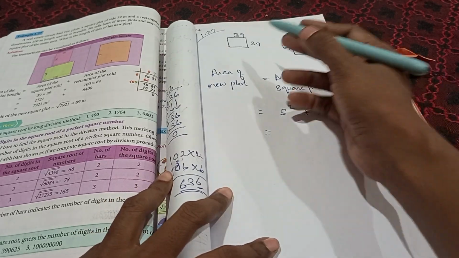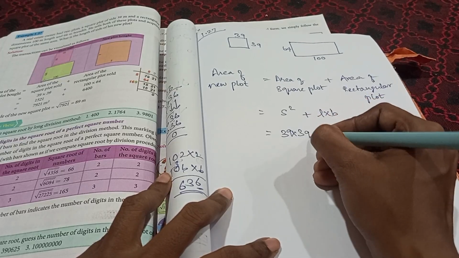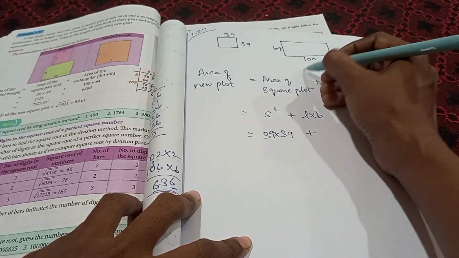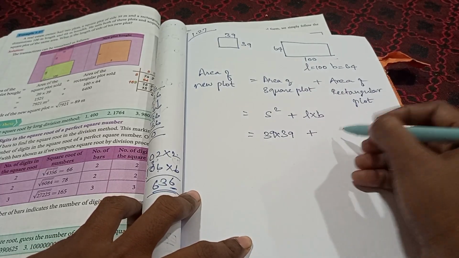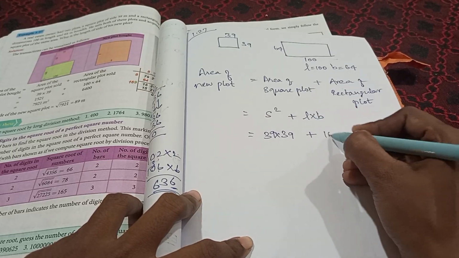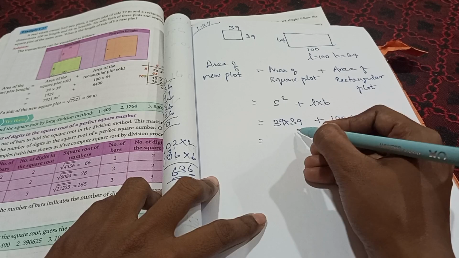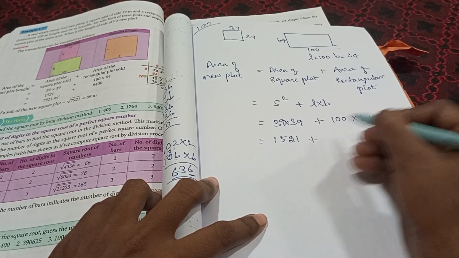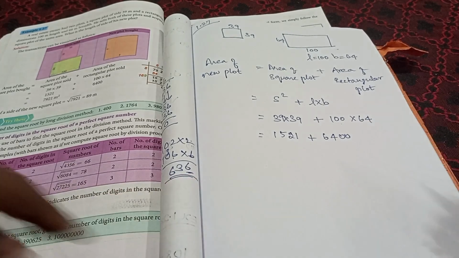The side they have given is 39, so 39 into 39. The rectangle's length is 100 and breadth is 64, so length into breadth is 100 into 64. Now 39 into 39 is 1521 plus 100 into 64, 6400.